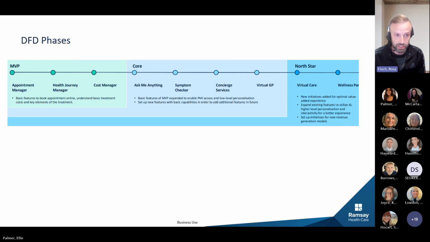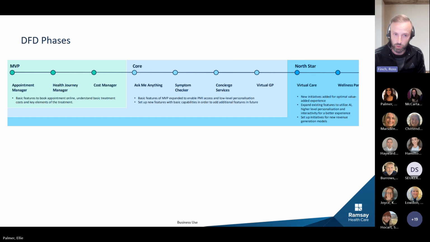So we're still letting that bed in and improving it as we go, and we'll take a look at some screenshots in a second. Before moving on to some future phases, as we are successful with each of these, we move on to the next. So the core phase is more around how can we improve the experience for the patient.